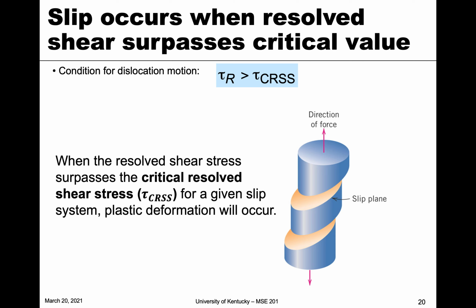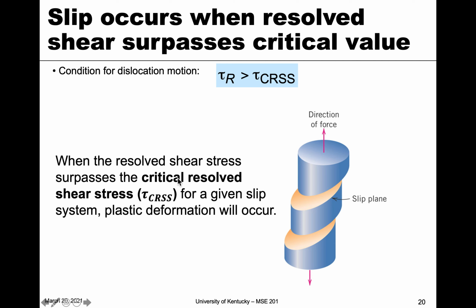And so that critical value is basically tied to the material and the slip system that we're looking at, and it's the amount of force or stress required to move or break bonds within or between the slip planes along a certain slip direction. So basically, this critical resolved shear stress is a material property.